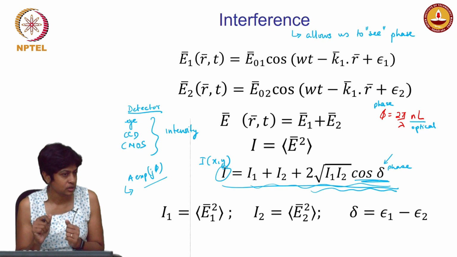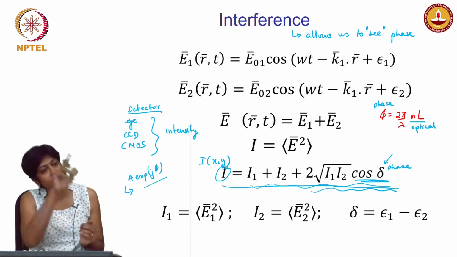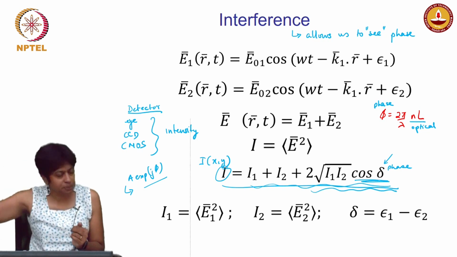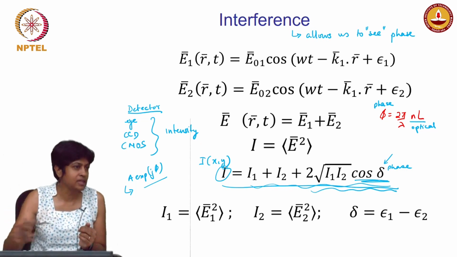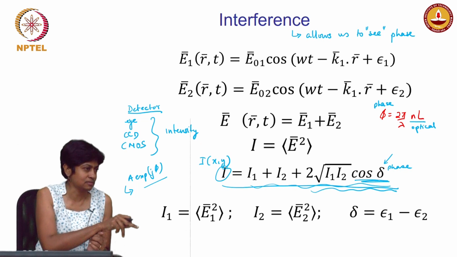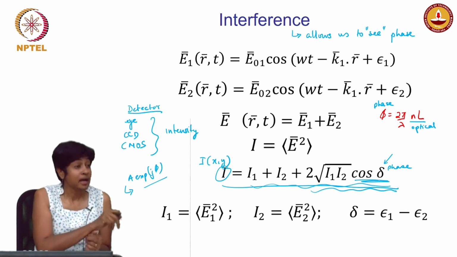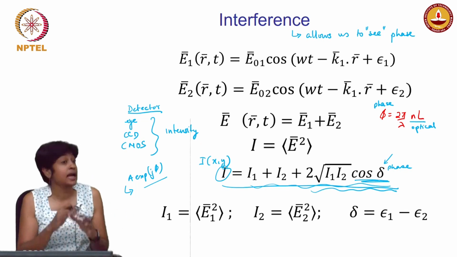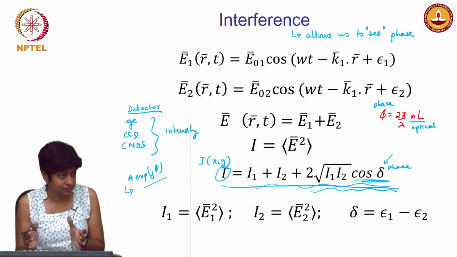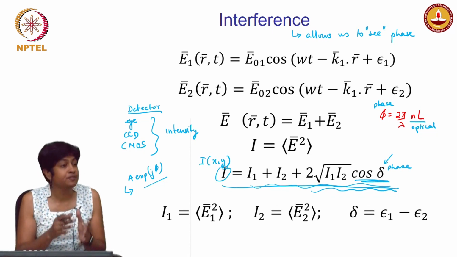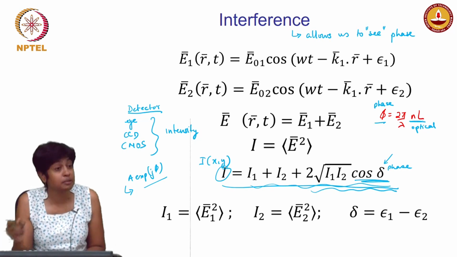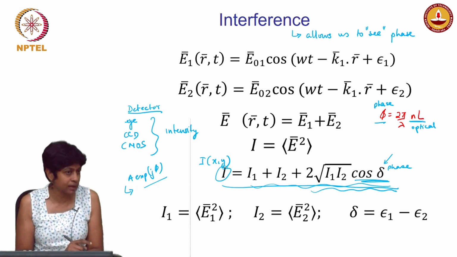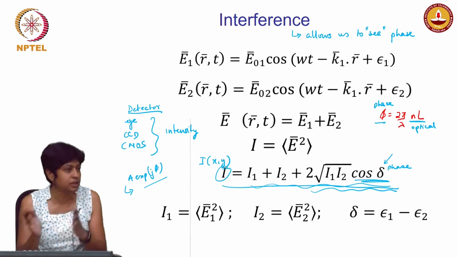Okay? So, in order to get optical path length, I am getting phase. In order to get phase, I am doing an interference. Okay? Now, again, I am saying I get optical path length. That means if I somehow measure phase, I can get the product n times L. This is of course assuming you know lambda.